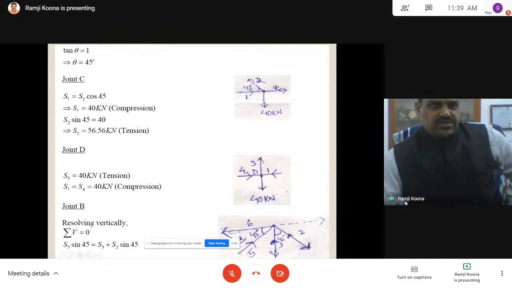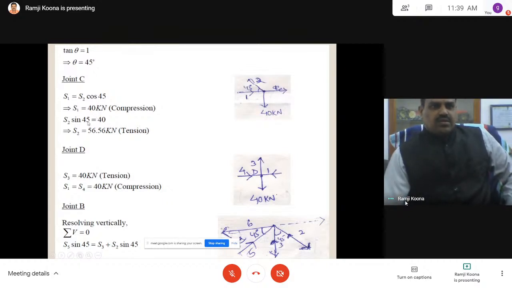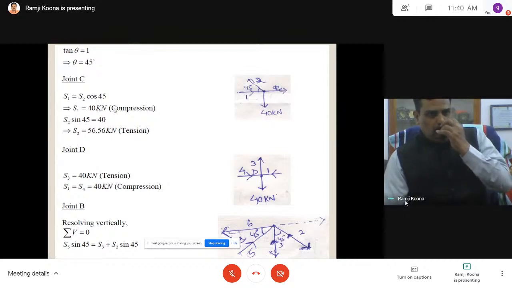So S1 is equal to S2 cos 45. Vertically, S2 sin 45 is equal to 40 kilonewtons. From this you will get S2, and if you substitute S2 here, you will get S1.